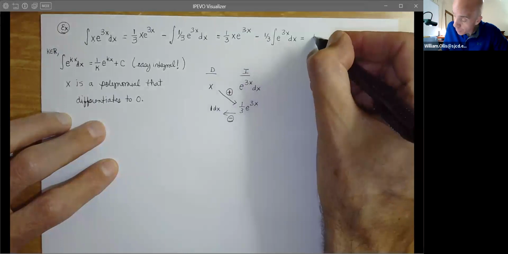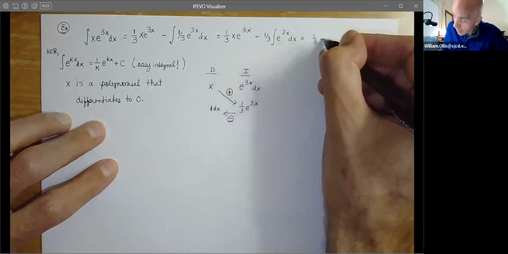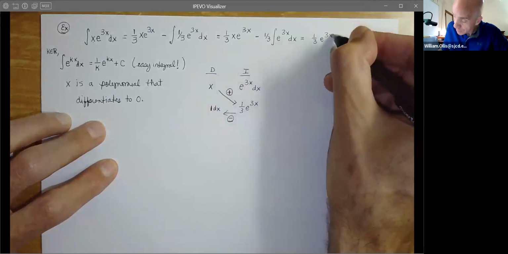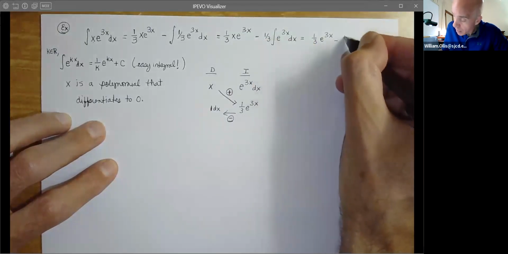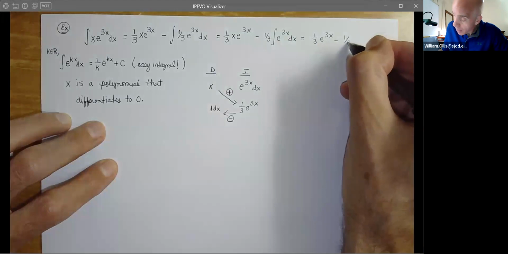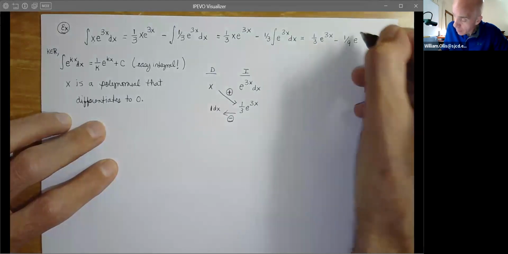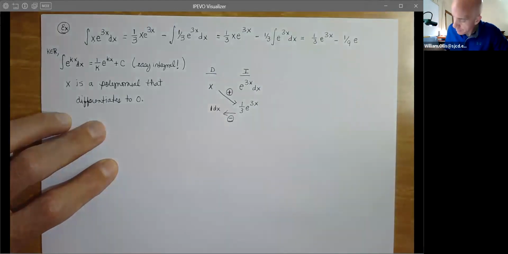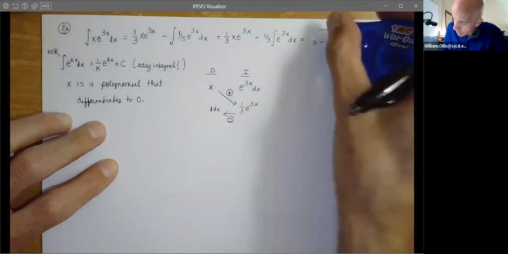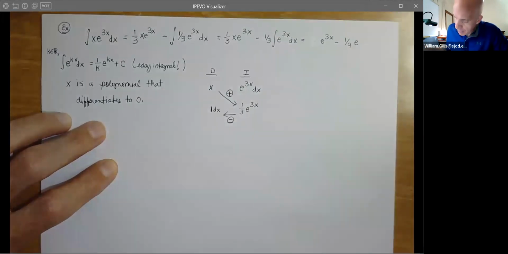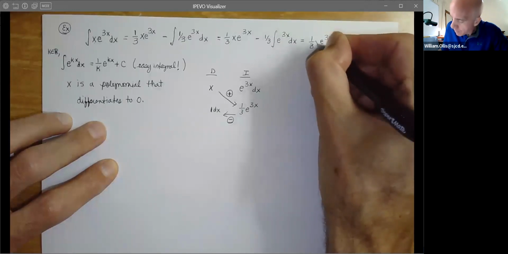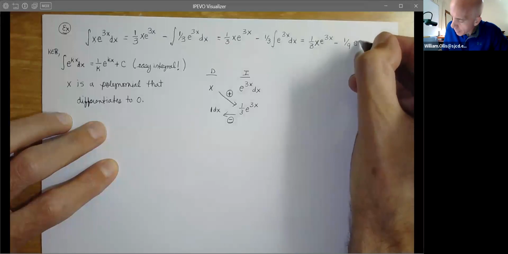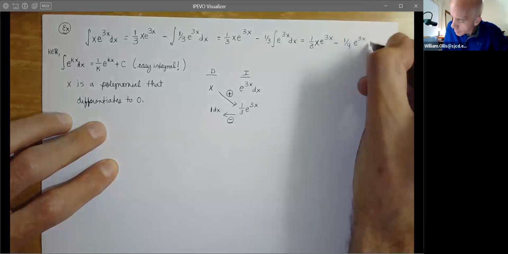So this will be 1/3 e to the 3x. Now we have 1/3, 1/3 minus 1/9 e, and sorry, I left out my x. Need that x. 1/9 x e to the 3x plus a constant.